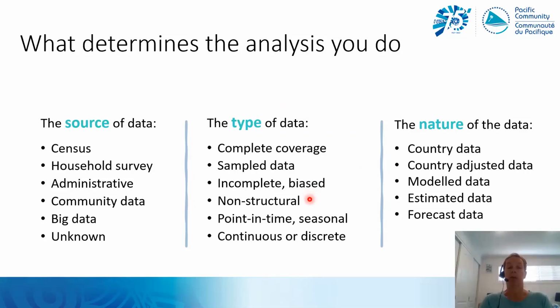Non-structural data would be things like satellite imagery, pictures where we take a picture of the house when we do the census collection. And some data sets will just be a one-off. Some might collect 4 times a year, so we have some seasonal data.